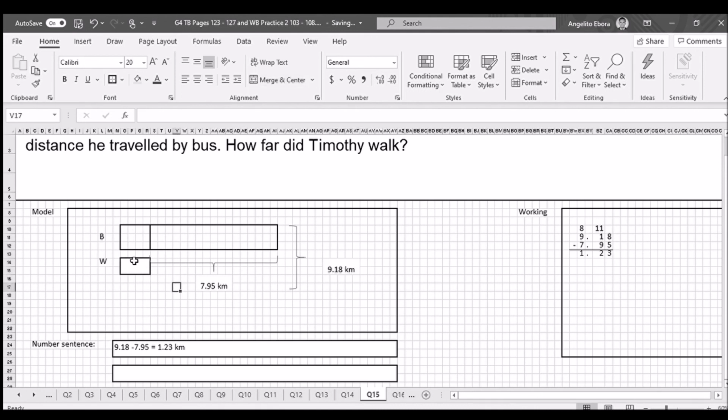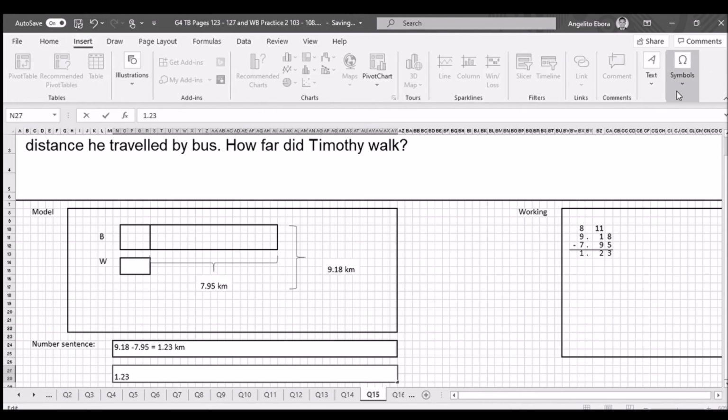So 1, 2. So that means we still need to divide this by 2. So 1.23 divided by 2 is equal to blank.